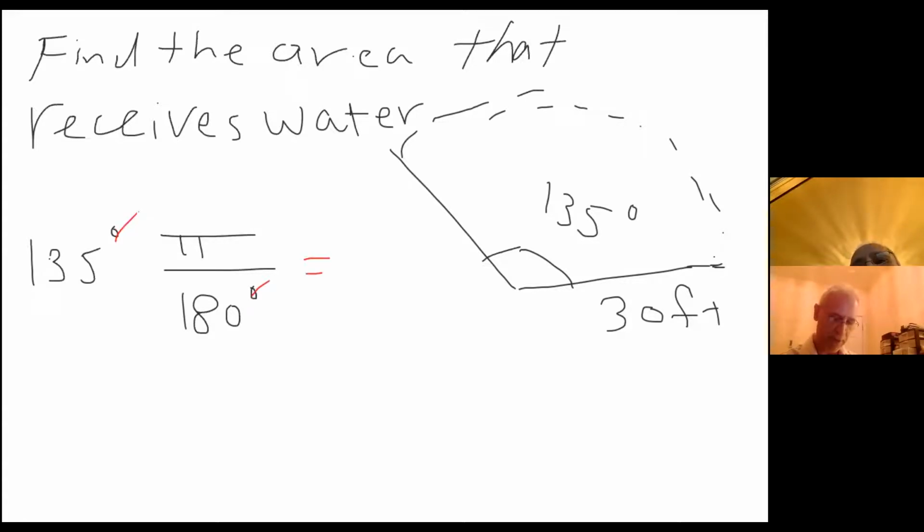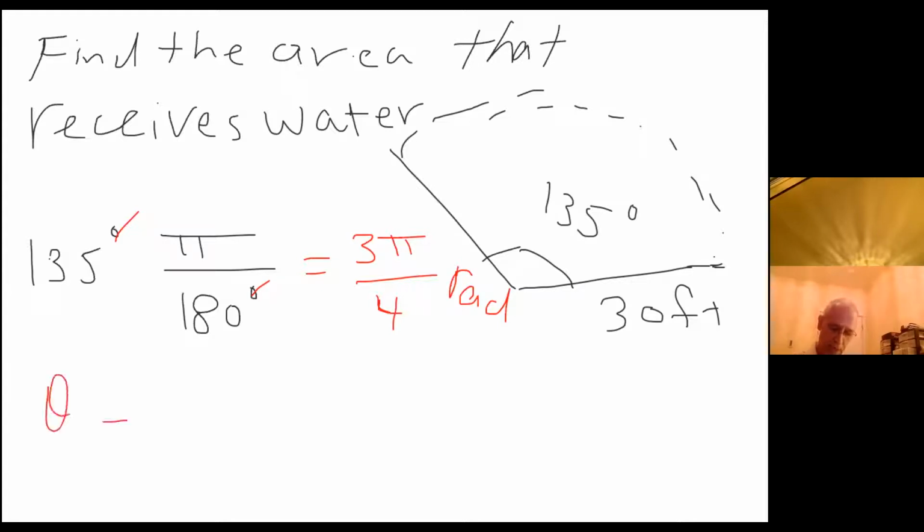Notice that they're both divisible by 45. So I have 3 pi over 4 radian. Okay, so that is my theta. So theta equals 3 pi over 4 radian.